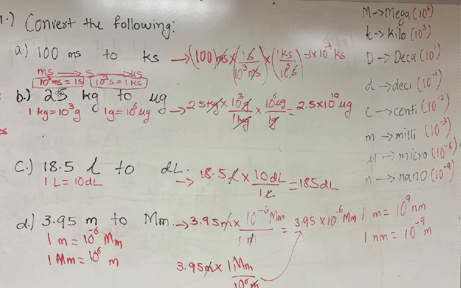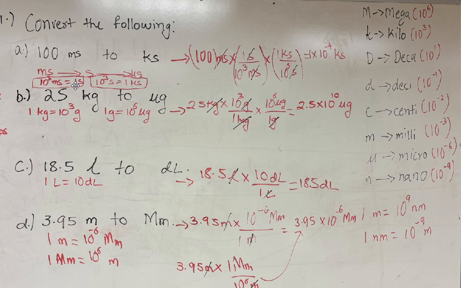Once you state the relationship, here is the other one. Because I will convert my milliseconds to seconds and then seconds to kiloseconds, the other relationship converting the seconds to kiloseconds is here. 1 kilosecond is 10 to the 3 seconds. Okay, I took it directly from here. And for the first relationship also, you could have taken it directly, where you could have said 1 millisecond equals 10 to the negative 3 seconds.